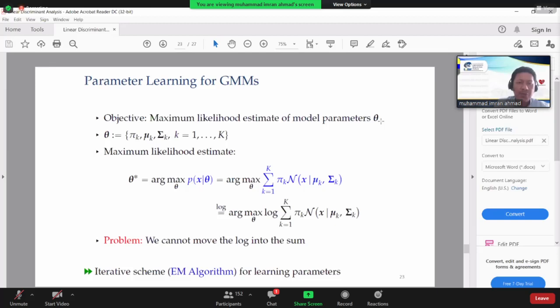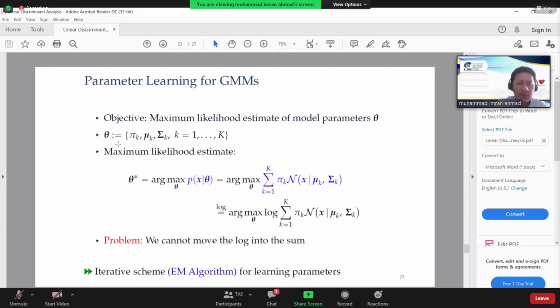We need to make sure that the model parameters we calculate will produce the maximum likelihood estimate, very accurate coverage in feature space, so that this model is very close to the original data distribution. This is our aim in doing the parameter estimation.